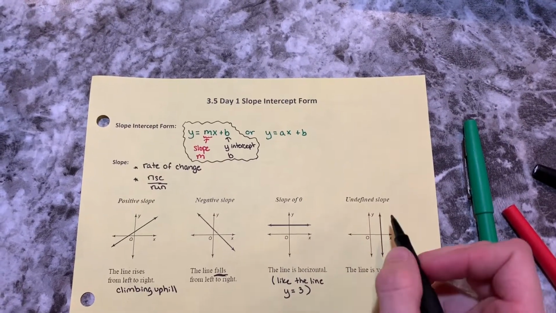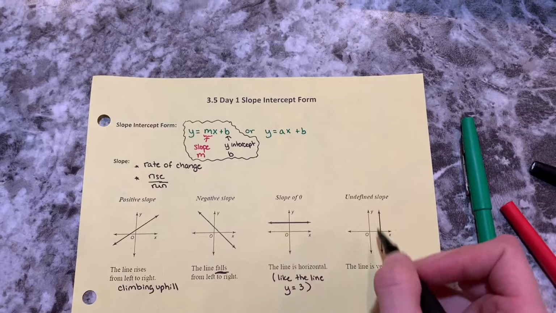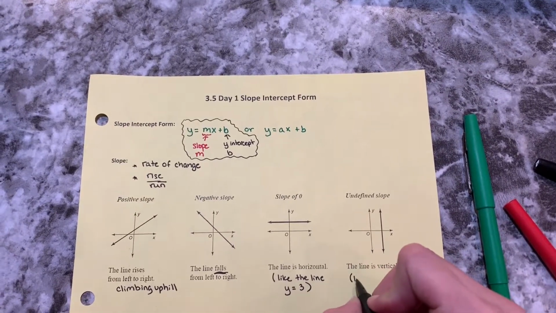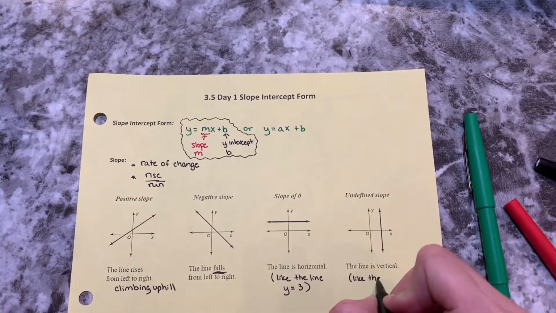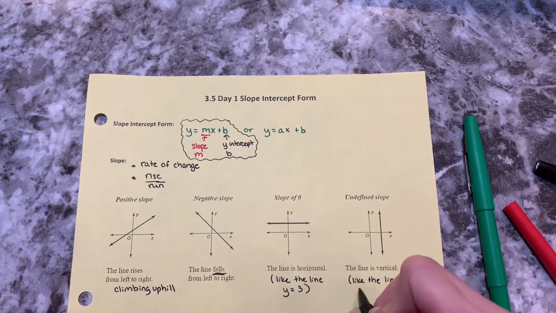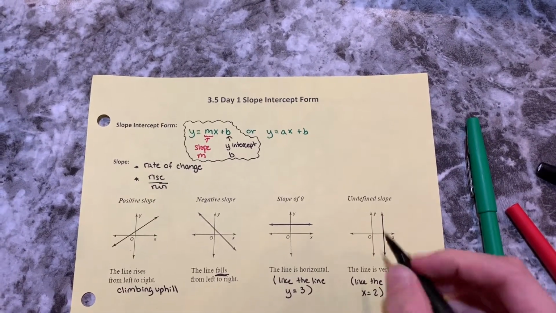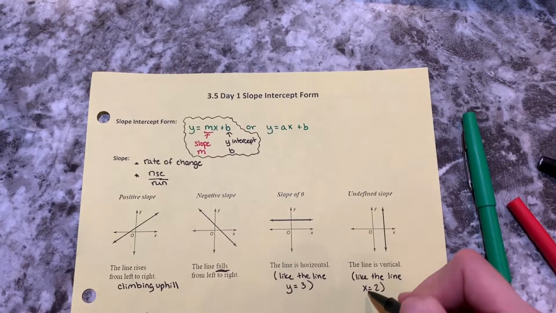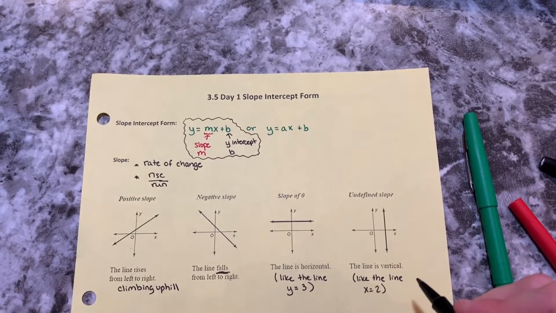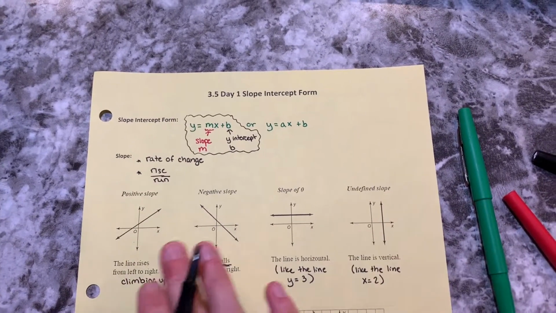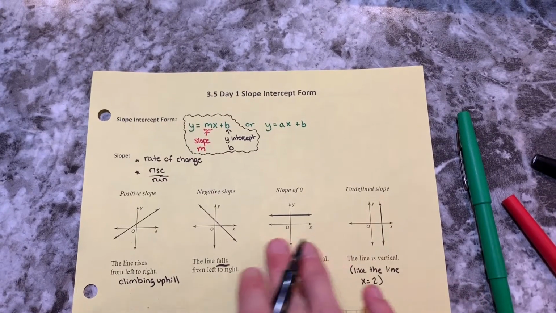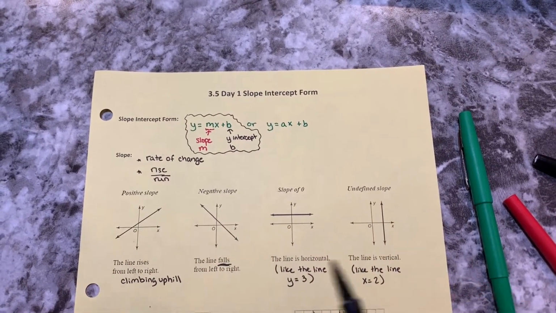And then if we have an undefined slope, where that line is vertical, that's like the line x equals 2. X equals a number because that letter tells us what axis we cross. Okay, so keep these 4 possibilities for slope in mind as we go.